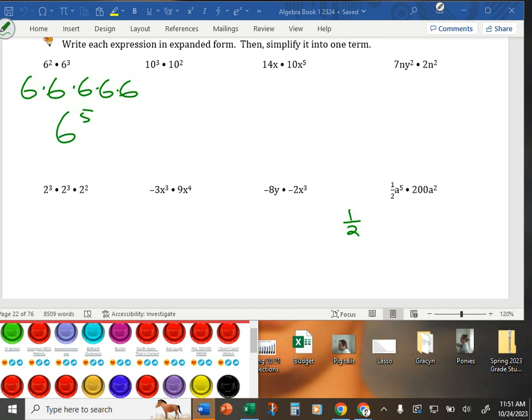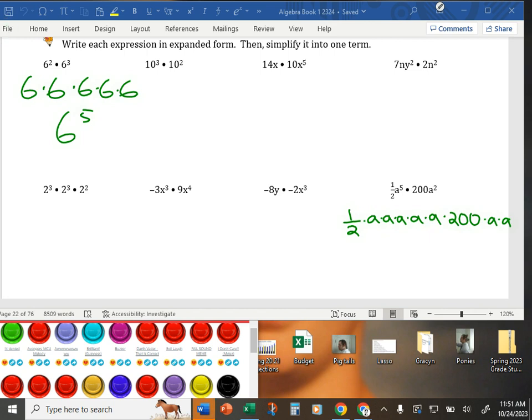So there's 1/2, and then 5 a's, a times a times a times a times a. How many 200s are there? 1, right? The exponent does not affect that coefficient. There's only one of them. And then a squared, how many a's are there in a squared? 2.